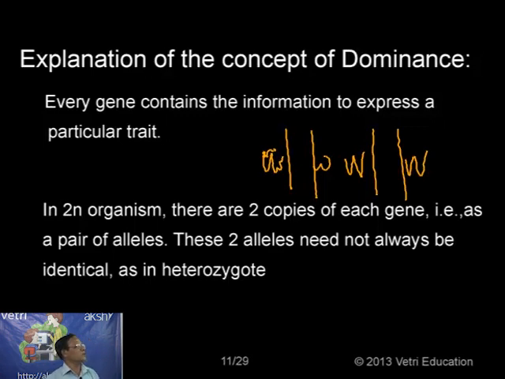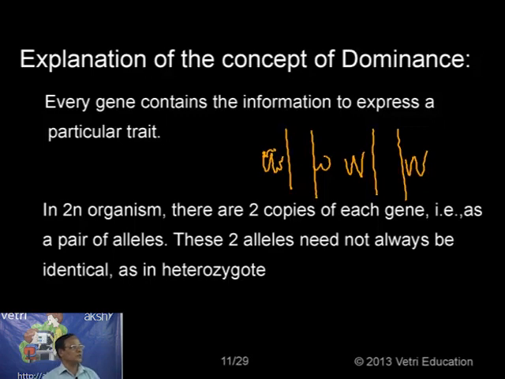In a heterozygous organism, we have one dominant allele and one recessive allele. But in the case of homozygous organisms, the two alleles or the two copies are identical. It is not identical in the case of heterozygous organisms.